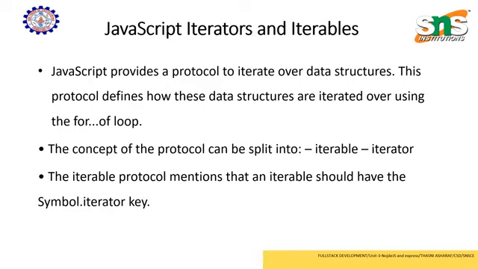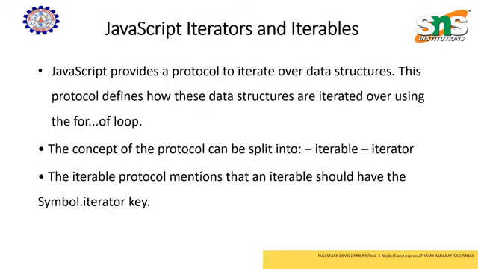Now, it provides a protocol to iterate over data structures. Why do we call them data structures here? Because we follow the iterating protocol. This protocol defines how these data structures are iterated over using the for of loop. The main concept of the protocol can be split into two, called iterable and iterator.